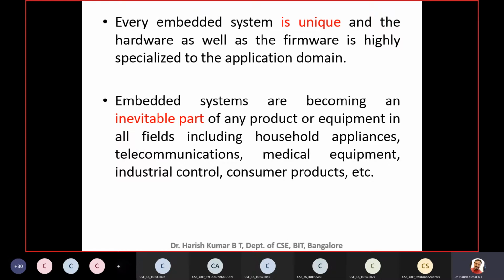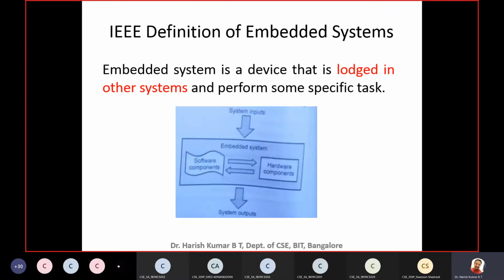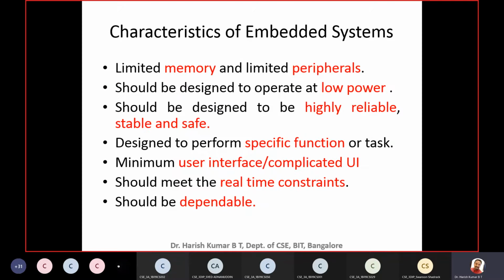Wherever embedded systems are there, computing is there. Then we looked into the IEEE definition of embedded system. IEEE defined it as a device that is lodged or housed in other systems to perform some specific task. Then we looked into the important characteristics of the embedded system, the very major ones.